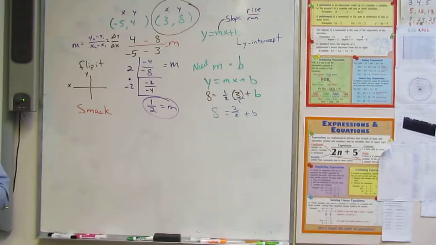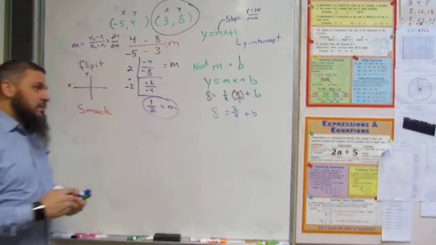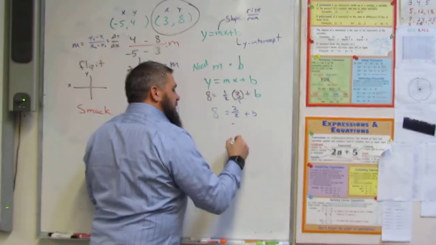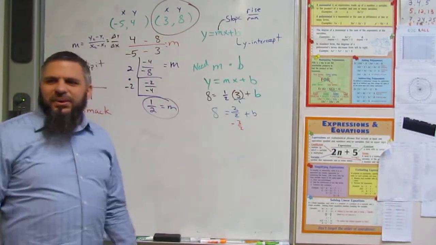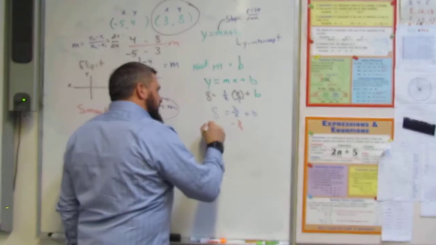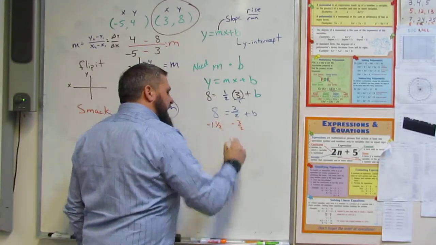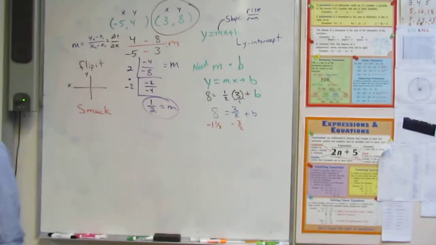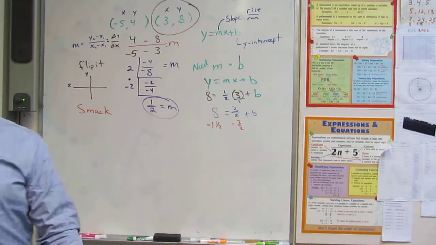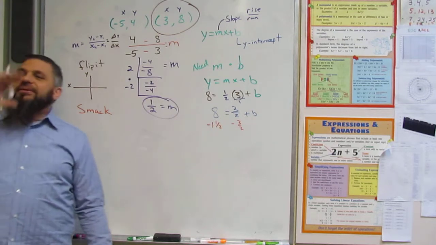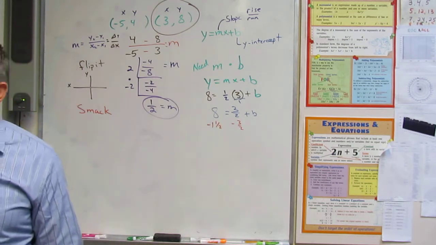Say again? 6.5. Yeah. Because what we're going to do, subtract 3 halves. But on this side, instead of subtracting 3 halves, wouldn't it be easier to subtract 1 and 1/2? Because now if I have 8 glasses of water and I drink 1, gone. Okay, now I got 7. And I drink half of that, I got 6.5.